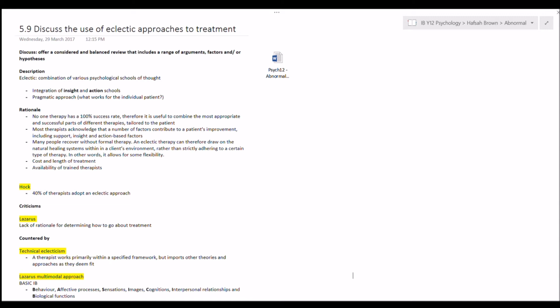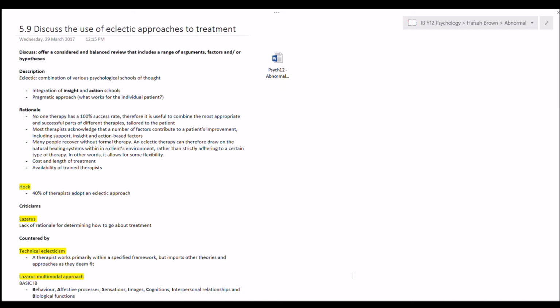An eclectic approach is a combination of various psychological schools of thought. So you may have heard of different schools which may focus on behavior or cognition. And an eclectic approach is an integration of insight and action schools.